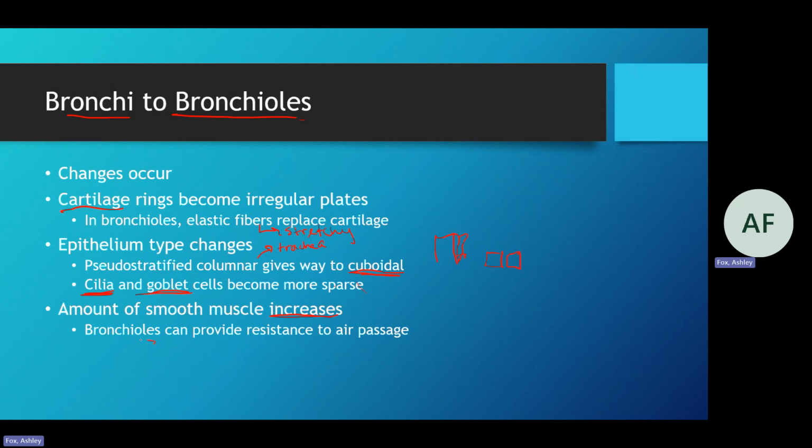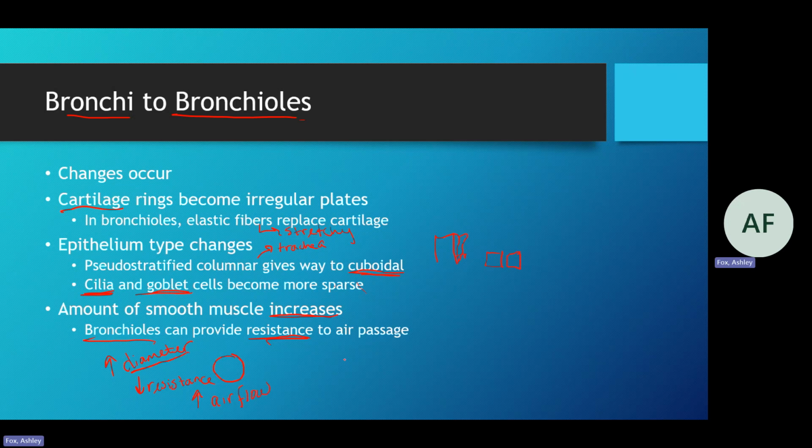Again, the amount of smooth muscle increases. So bronchioles can provide what we call resistance to air passage. This is what I just talked about, where bronchioles can dilate, so there's less resistance. Increase in diameter, same thing that we saw in blood vessels. Increase the diameter of the bronchioles, you decrease resistance, so airflow is going to increase. It's easier for air to flow through.